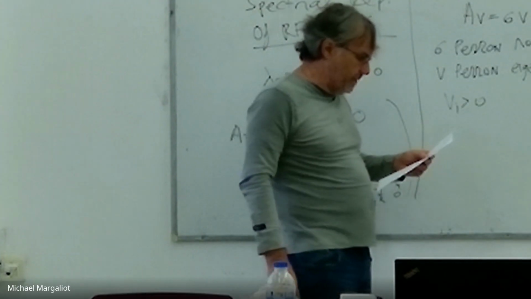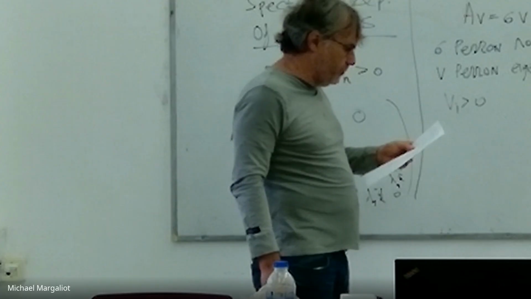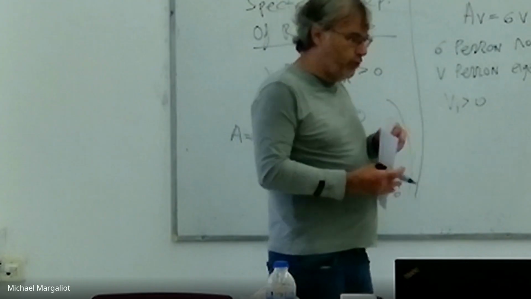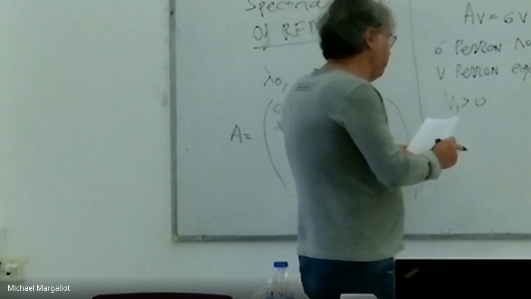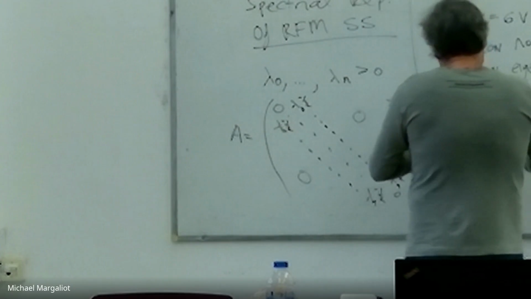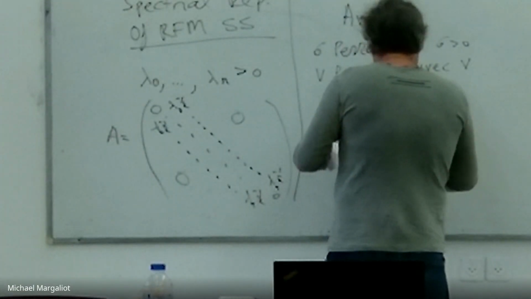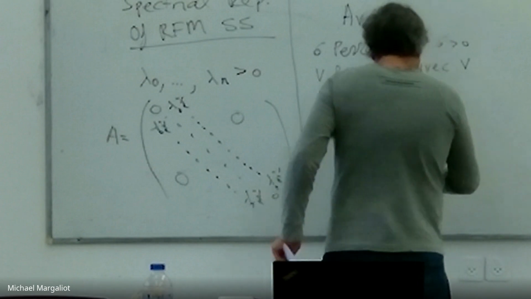After making some manipulations, we defined variables d_i equal to v_i plus 2 lambda_i to the power 1/2 sigma v_i plus 1.